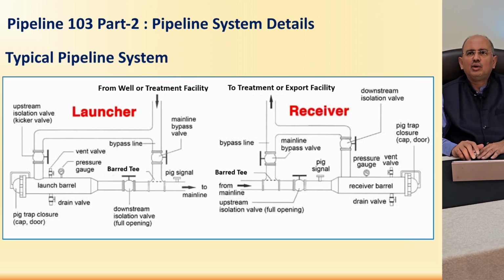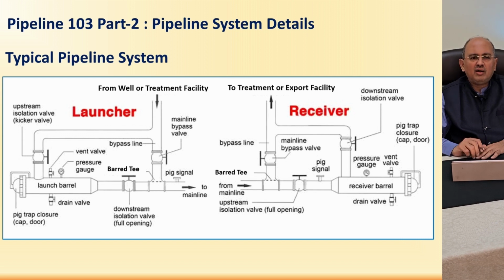Then you can open the bypass valve again, close the kicker valve, and close the pig trap isolation valve or receiver isolation valve, the mainline valve, and then normal flow will continue through the bypass line to the treatment or export facility. So basically, from bypass to bypass, at the start point and end point, the flow will continue.